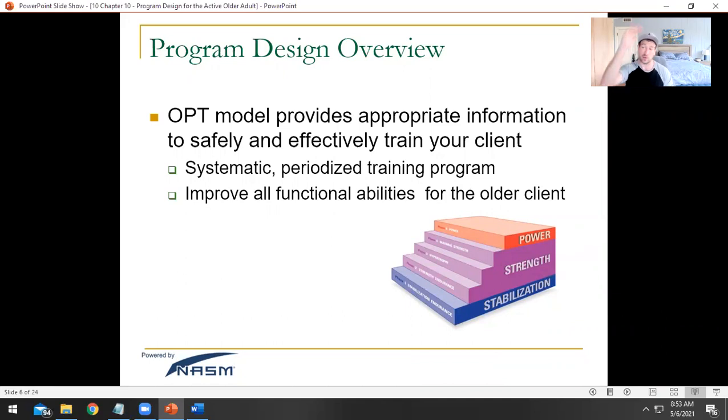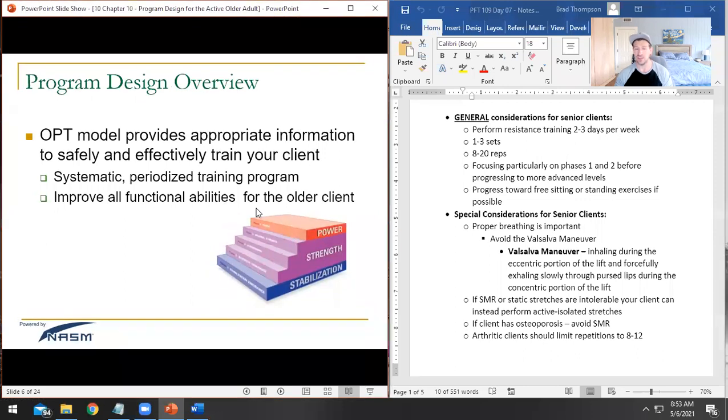That means you can work your way up the stairs, you can work your way down the stairs, and it allows us to make what we call periodized training programs, which means that we can go through different phases of training where we're doing different types of stress and different types of things. That is going to improve all of the functions of really any of our clients. An older client here, obviously, but any of our clients are going to seek improvements here.